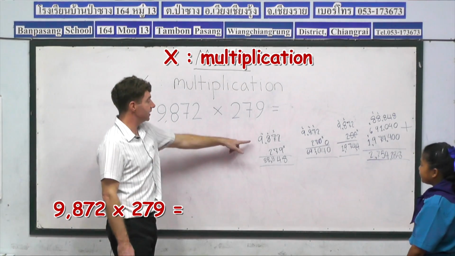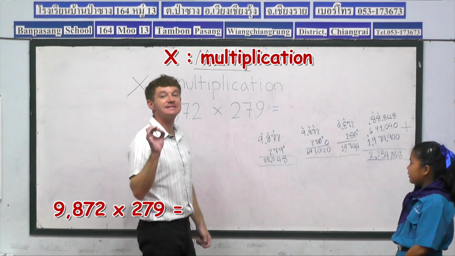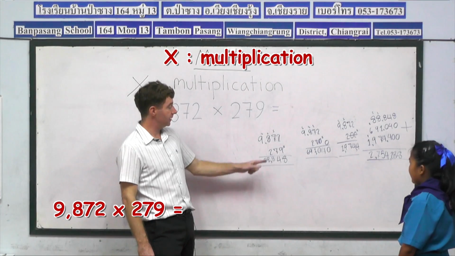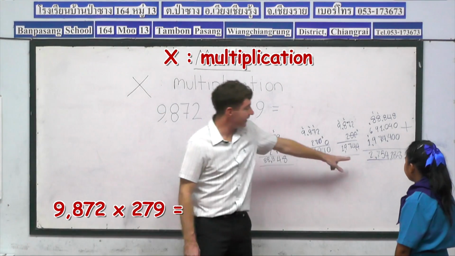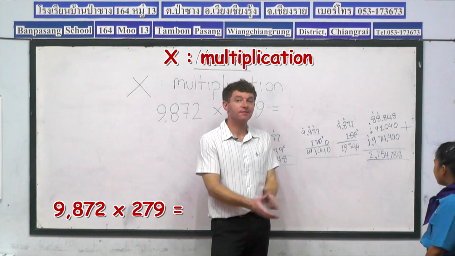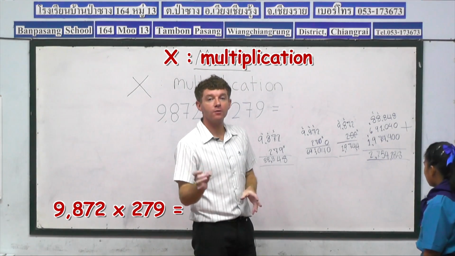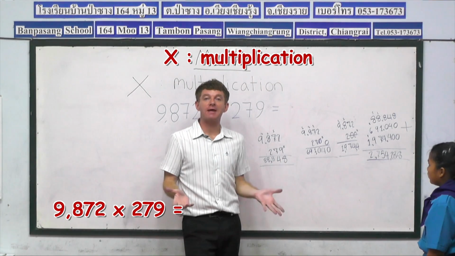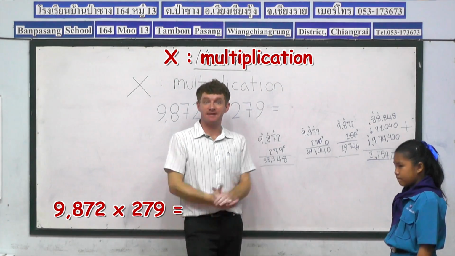So we can say 9,872 multiplied by 279 equals 2,754,288. And that's how we can correctly work out multiplication of 4 digits by 3 digits.